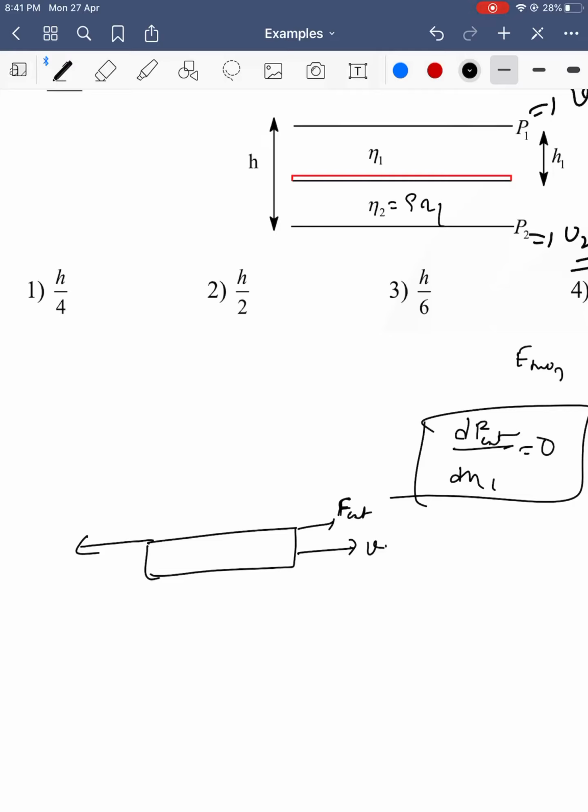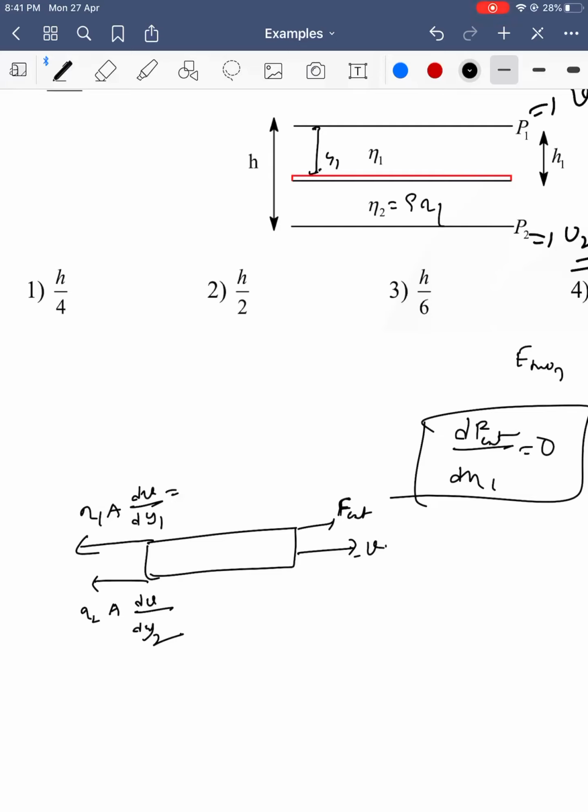So F1 is equal to nu1 A dv by dy1, that is dv over dy1, because the distance here is h1, and here F2 is nu2 A dv by dy2.